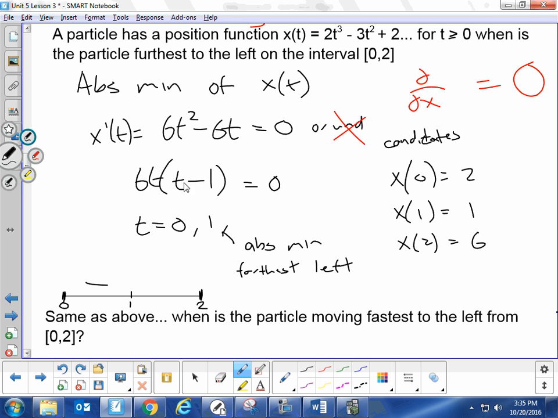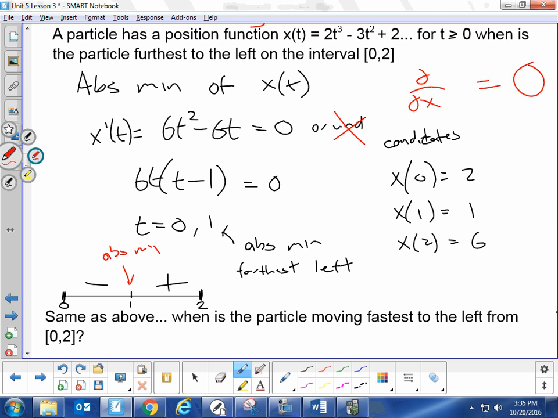This would be a positive times a positive. That's a positive. So there you go. You can see that I have to go down from 0 to get to 1. I have to go up from 1 to get to 2. This is definitely going to be the absolute min. Okay? Two different ways to do it, either using your candidates or analyzing your first derivative.